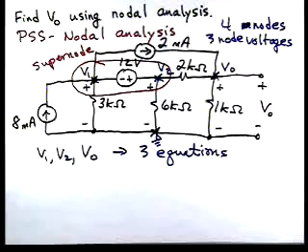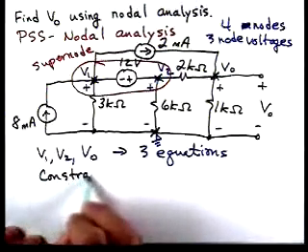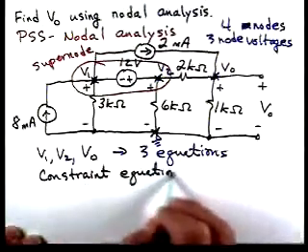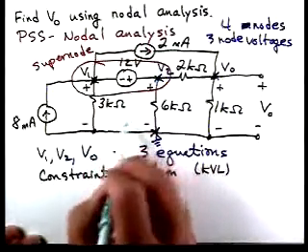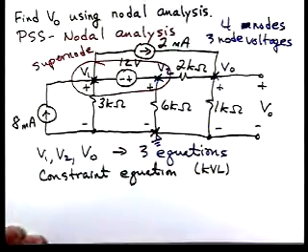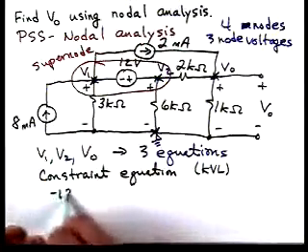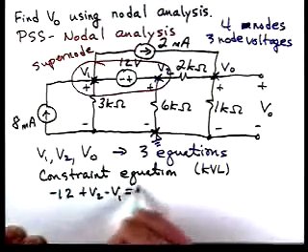So we're going to use KVL to get our constraint equation. And we'll use KVL around this loop. So when we do that, if we start here and go around, we'll have minus 12 plus V2 minus V1 equal to 0.